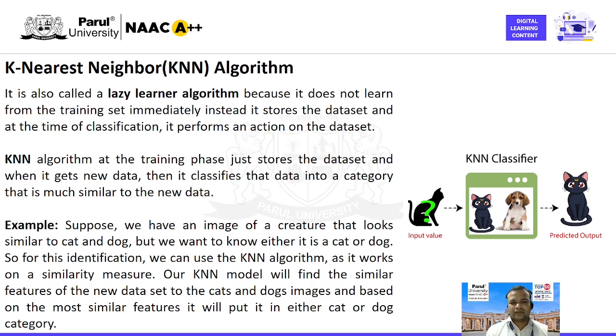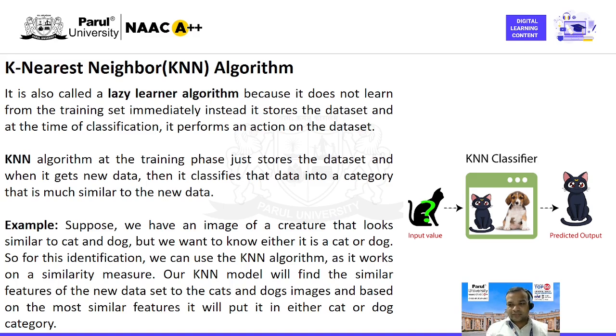At the training phase, the KNN algorithm just stores the data set, and when it gets new data, it classifies that data into the category that is most similar to the new data. So this is the basic concept behind KNN.